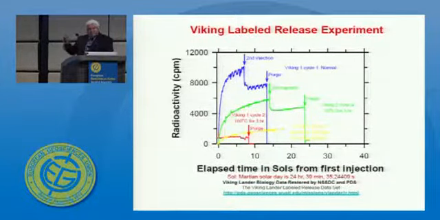To test whether this was indeed biological activity, the soils were sterilized by heating them for 3 hours at 160 degrees, and then the broth of nutrients was added, and you can see that there was no release of radioactivity. This is exactly as it was done with terrestrial organisms. The researchers were very interested because this indicated possibly biological activity.